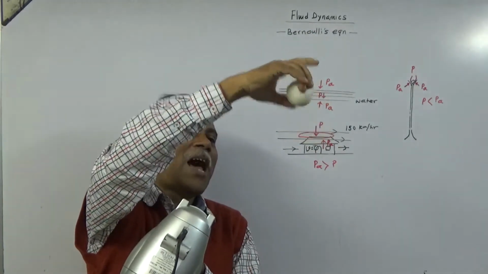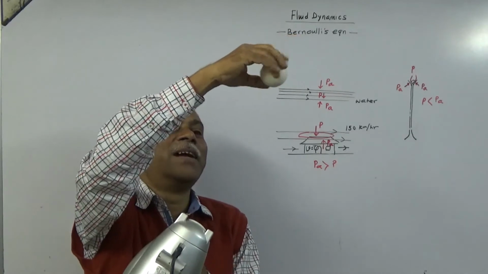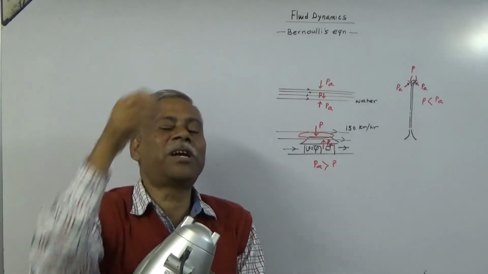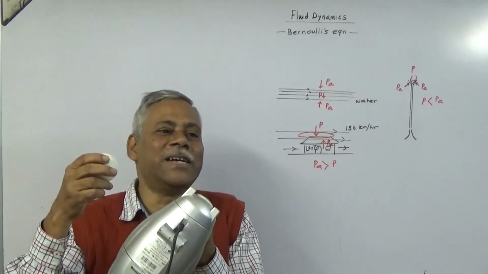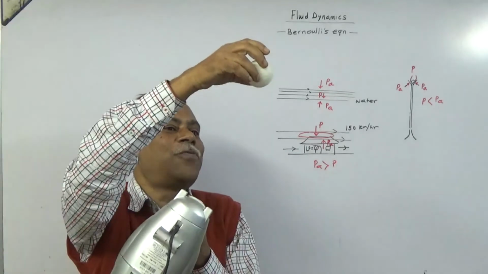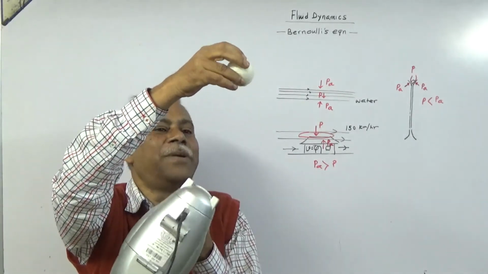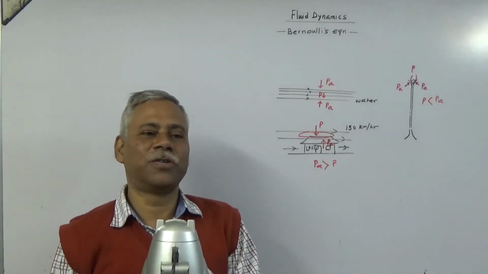Yes, sir. But I have already told you that surrounding the air jet there is greater pressure, and inside the air jet the pressure has gone down. So even when it is tilted, it should not fall. For some angle of tilt at least it will remain. It should remain here.